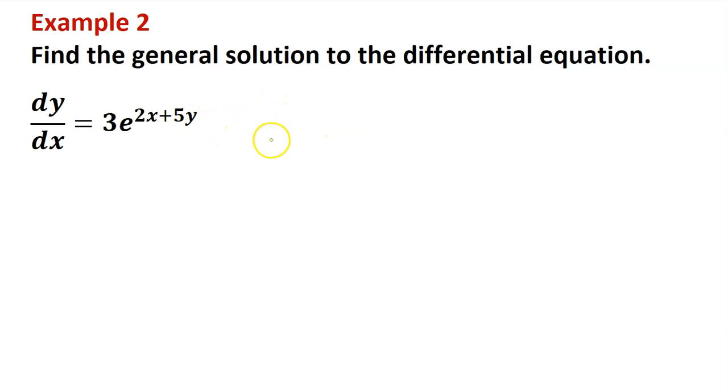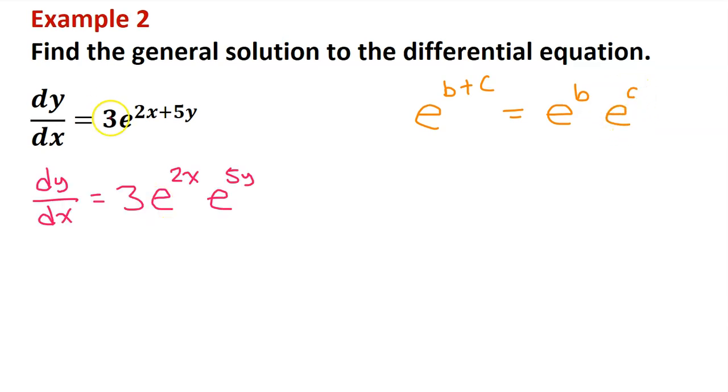On example 2, we will again use the property that I showed you in example 1, where you can take e to the b plus c power and rewrite that as e to the b times e to the c. E to the 2x plus 5y power is the same as e to the 2x times e to the 5y.